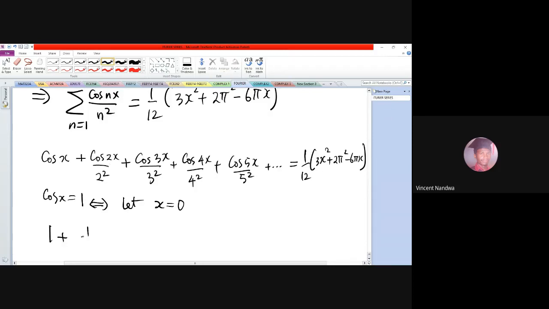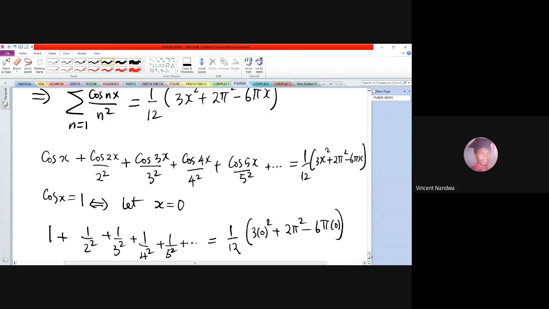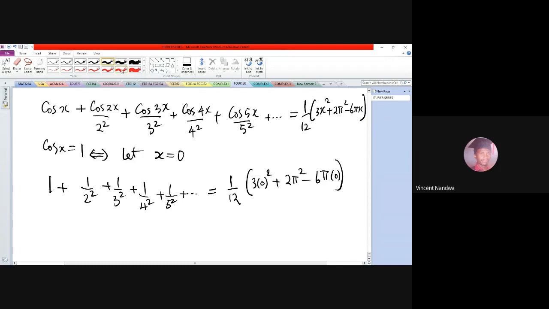This is 1 over 2 squared. This will be 1 over 3 squared, 1 over 4 squared, 1 over 5 squared, equals 1 over 12 into, where there's x put 0, so 3 times 0 squared plus 2 pi squared minus 6 pi times 0.